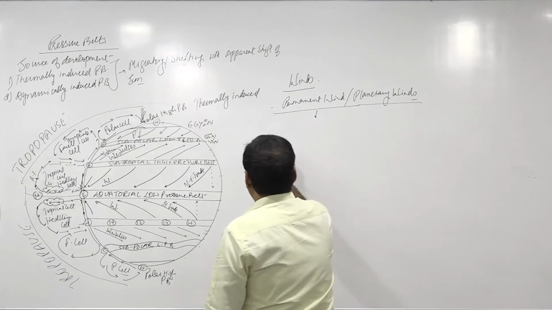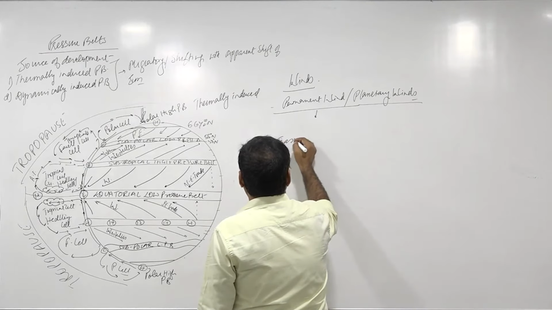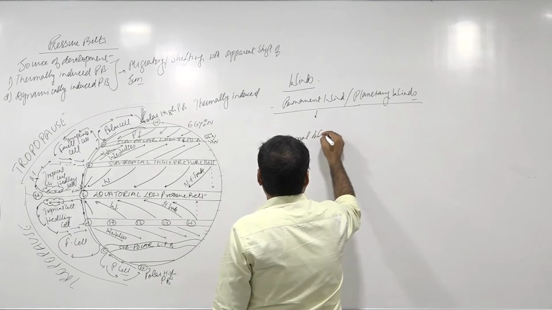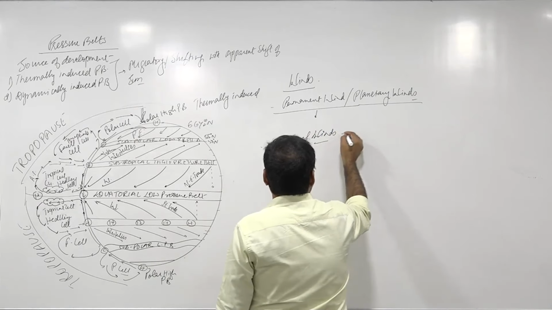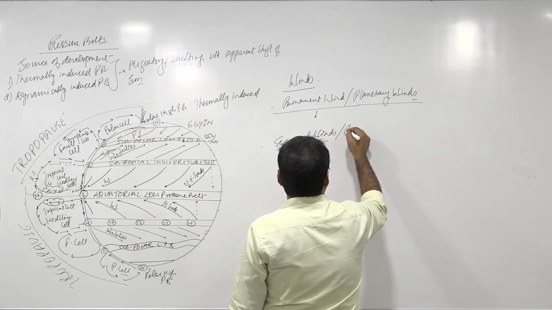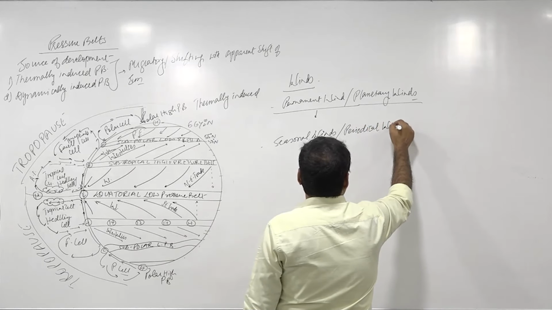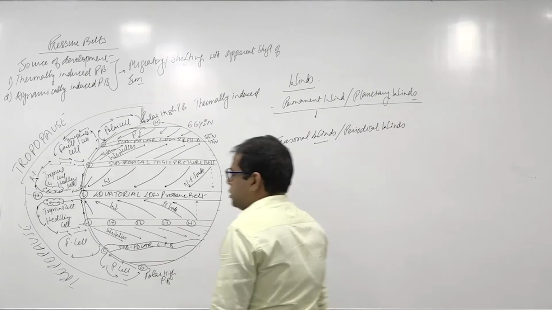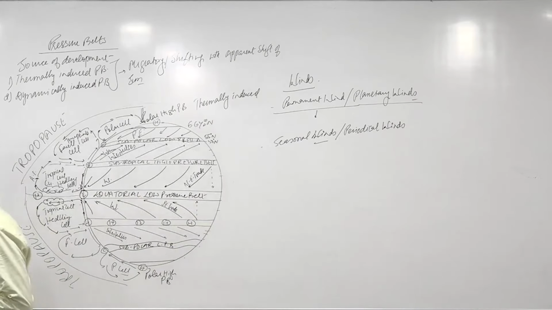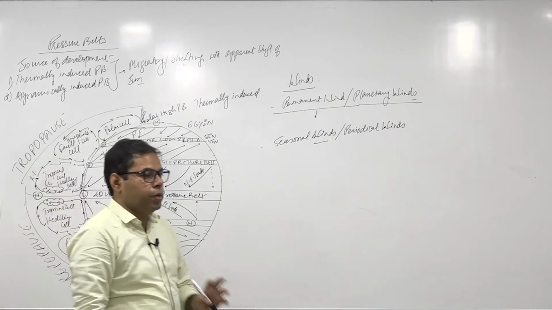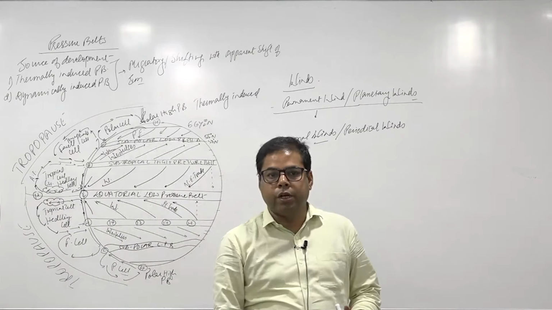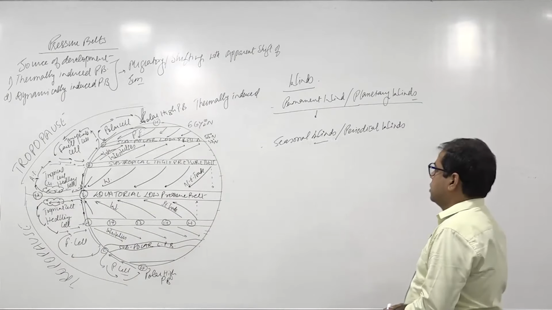Then after it is called seasonal winds, or it is also called periodical winds. Seasonal winds, periodical winds are those which blow in a particular direction in a certain time period, and they change their direction.